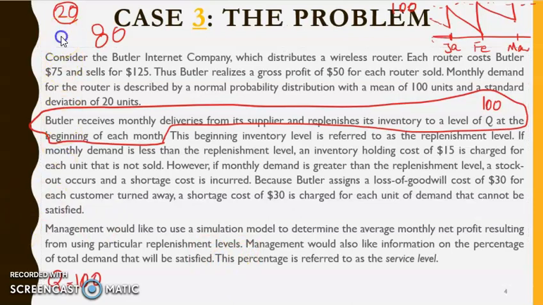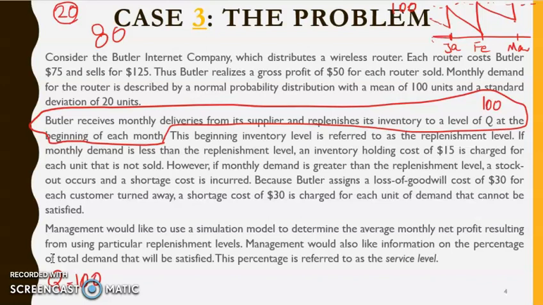Okay, let's talk more about this last paragraph. It says it wants to determine the average monthly net profit resulting from using a particular replenishment level. It is the same as the fact that we want to find the best Q, because we are going to calculate the average monthly net profit with different Qs, and of course we are going to choose the one that makes the average net profit maximum.